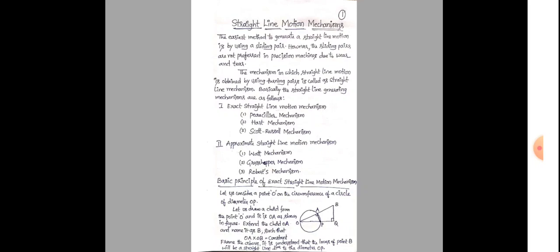But how can one say that the point B will be exactly generating a straight line perpendicular to the diameter OP?